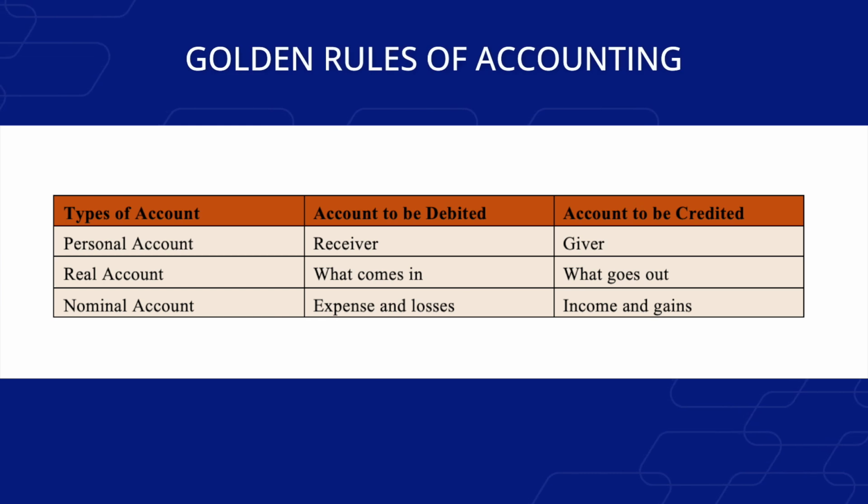When the account is a personal account, the account to be debited is the receiver, and the account to be credited is the giver. When the account is a real account, we need to debit what comes in and credit what goes out. And when the account is a nominal account, then all the expenses and losses are to be debited and incomes and gains are to be credited.